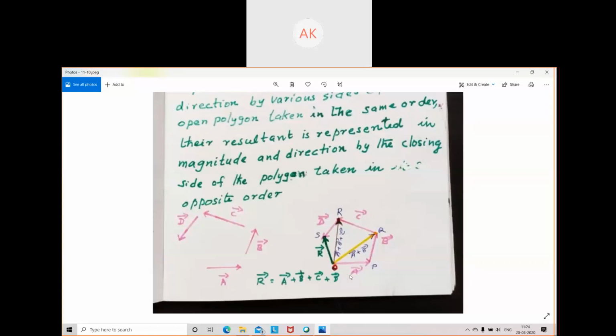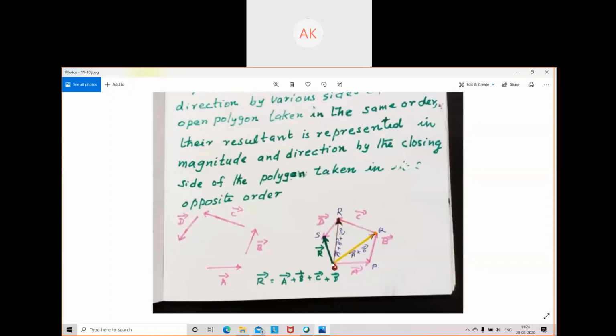Very easy. You just join the beginning point and the end point, and put the arrow mark in the reverse order, not in the same order.